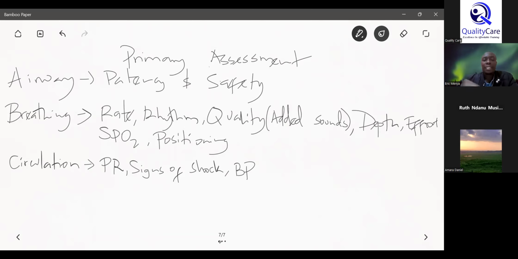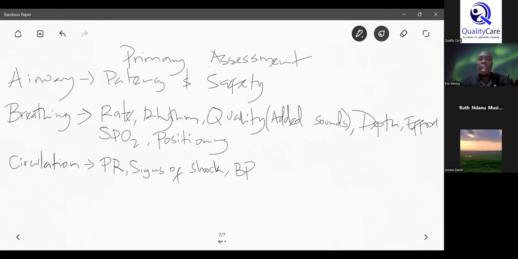So normal is about 90 plus 2 times the age. Normal systolic should be in the range of 92 for a 1-year-old, and for a 2-year-old, around 94. But we are not really worried about the normal systolic. We are worried about the cutoff for hypotension.